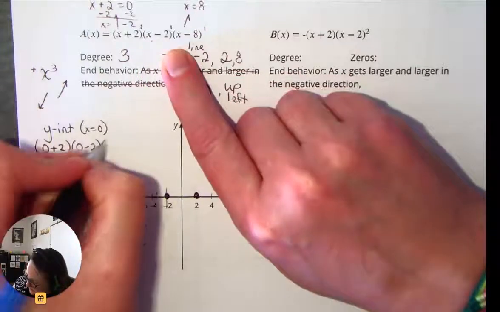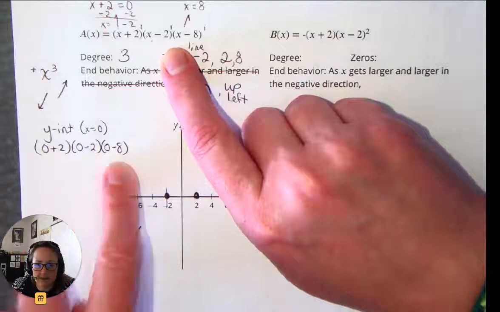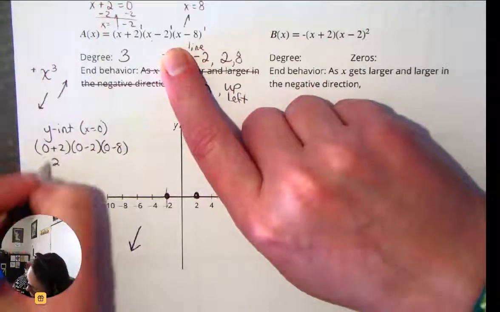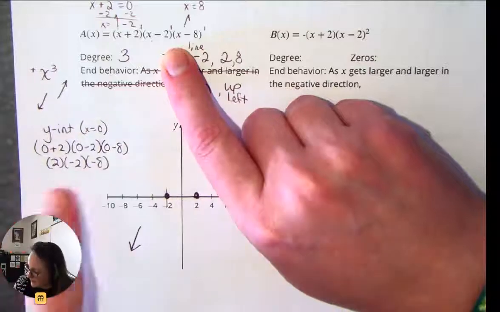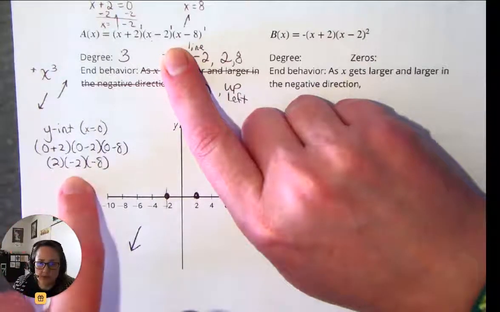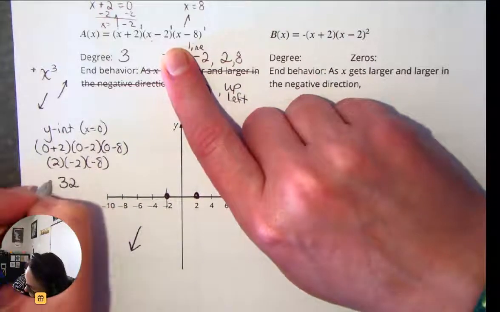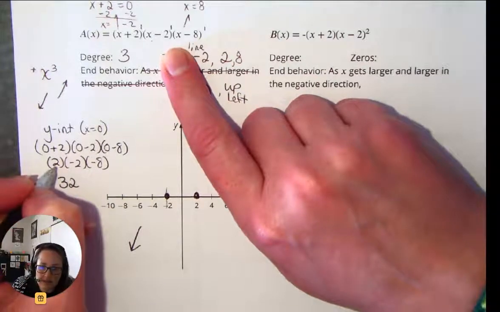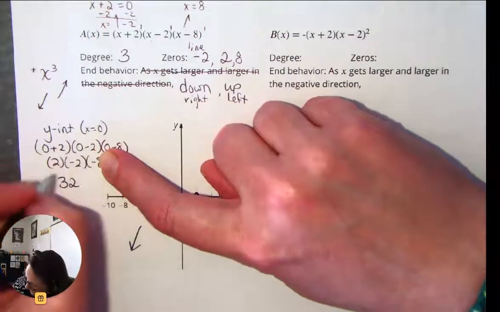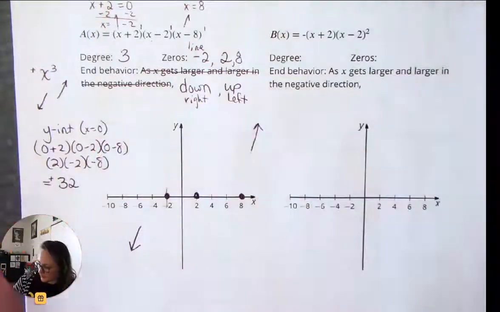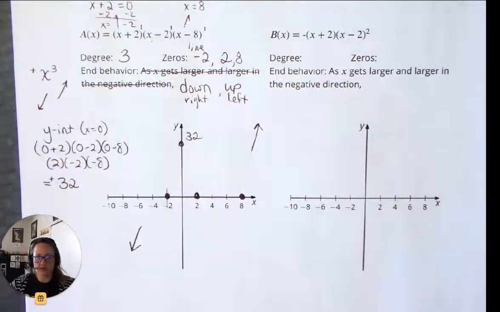And we're multiplying all these together: 2 times negative 2 times negative 8. 2 times 2 is 4 times 8 is 32. Positive times a negative is a negative, and that negative times another negative is a positive. All right, so I know it's going to have a y-intercept at positive 32.